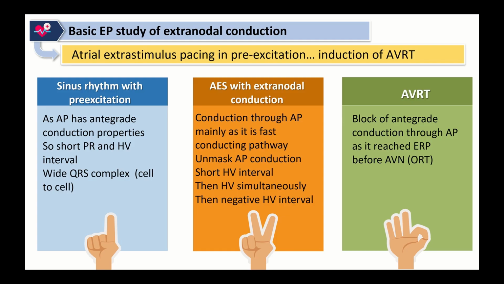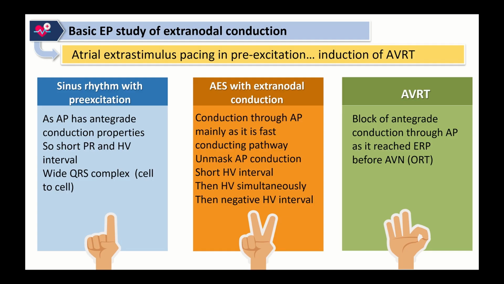When we give atrial extrastimulus, we can appreciate short RP and short HV interval, and more evidence of ventricular pre-excitation, a wide QRS complex. Let's give atrial extrastimulus at a shorter coupling interval. What will happen?